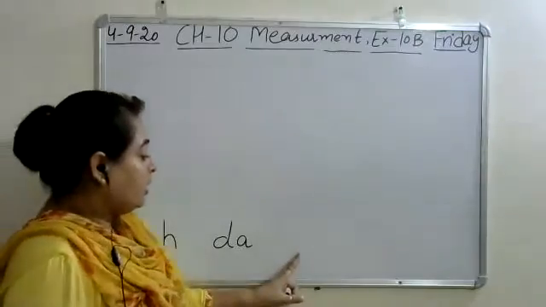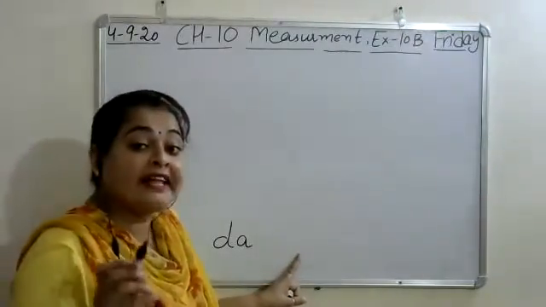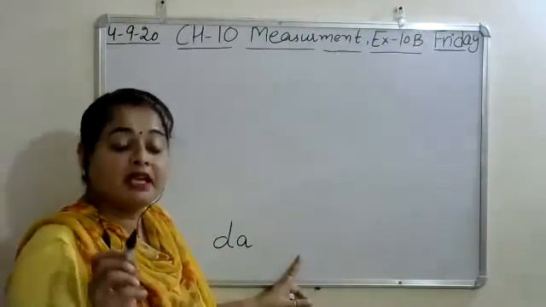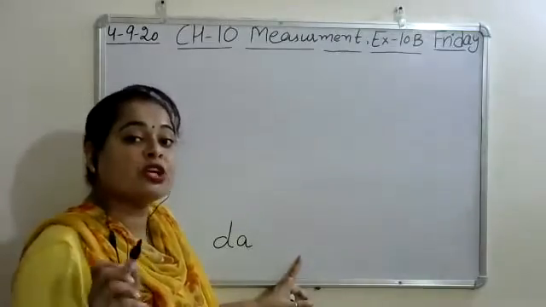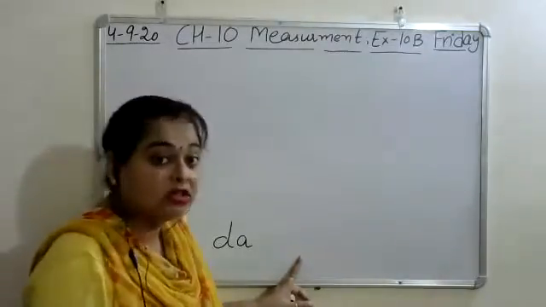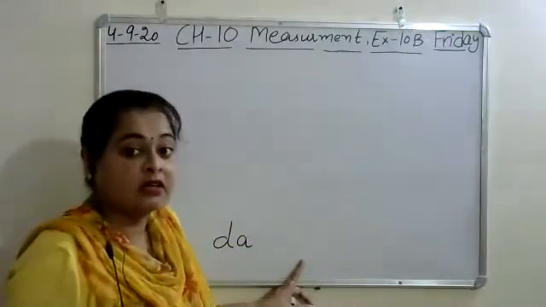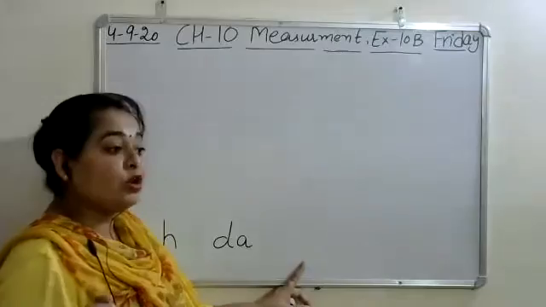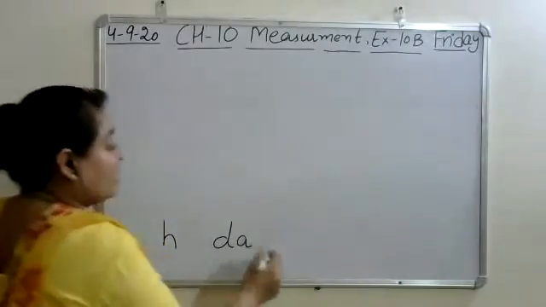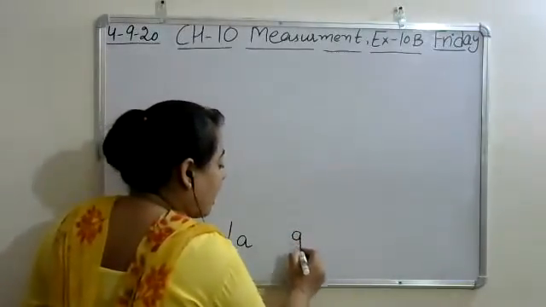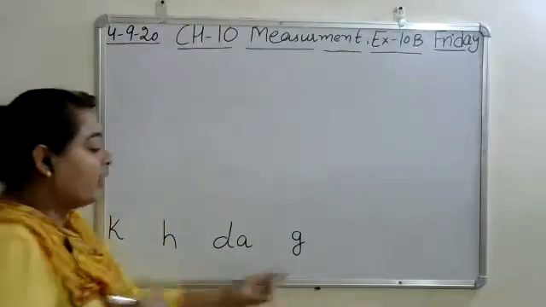Here you will not write M, because M is the unit we use when the question is based on length. But the 10B exercise is based on weight, and the standard unit of weight you will write here is G, gram.